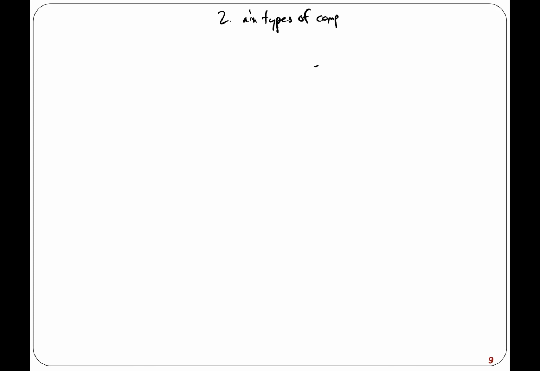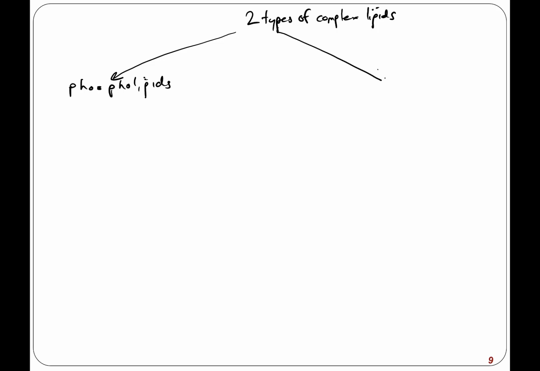Let me just put two types, because people might take issue with that otherwise. We'll talk about phospholipids and glycolipids.